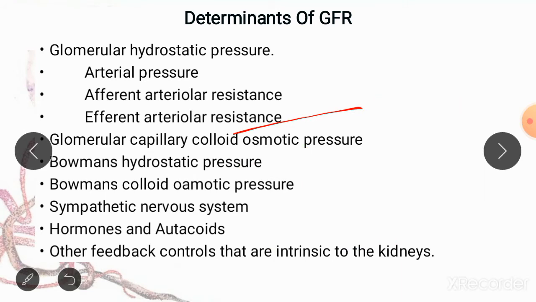There are several other feedback control mechanisms which are present within the kidney which can also determine GFR. We will be discussing these feedback controls later in the chapter. So this is a very important slide. You must remember all of these factors, and this is an important question from an exam point of view.